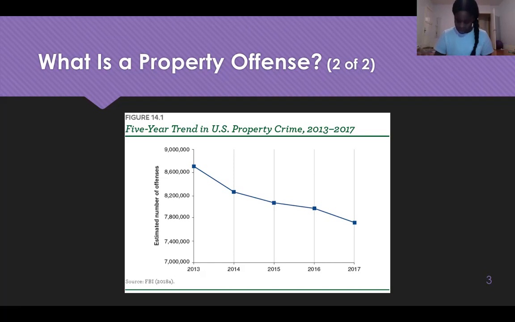Property crime has dropped dramatically over that time. Property crimes have also continued to drop within the current up-to-date data that we have, by more than 1 million reported cases.